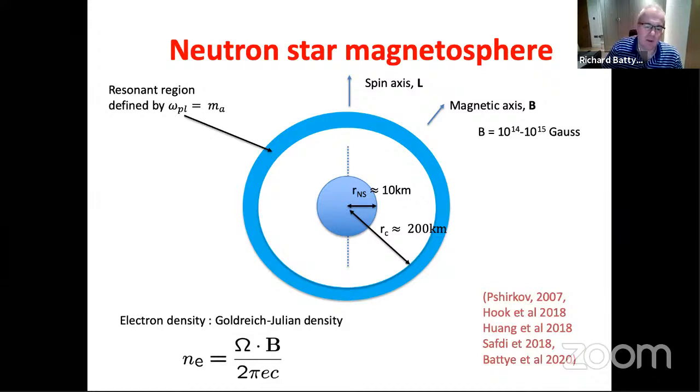The way that we model this is we model the electron density using the Goldreich-Julian model, which gives us the number density of electrons in terms of the spin frequency of the neutron star and the magnetic field. There's a whole series of authors who've studied this problem with varying degrees of improvements over time.